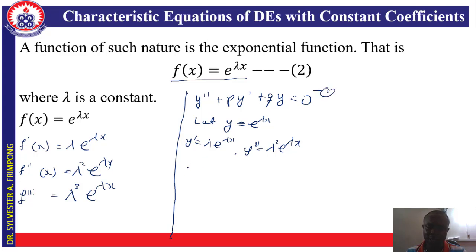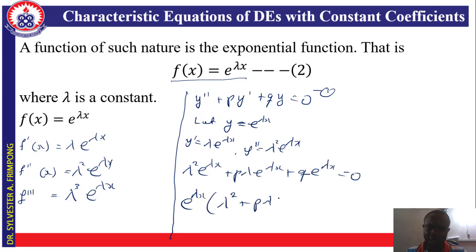If you put it in, you get lambda squared e raised to the power lambda x, that is y double prime, plus p lambda e raised to the power lambda x plus k e raised to the power lambda x, and this is equal to 0. And if you look at this equation, the common factor is e raised to the power lambda x multiplied by lambda squared plus p lambda plus k equal to 0.